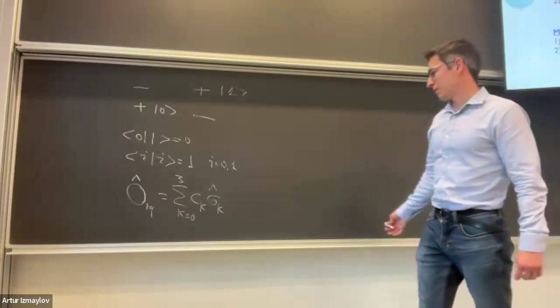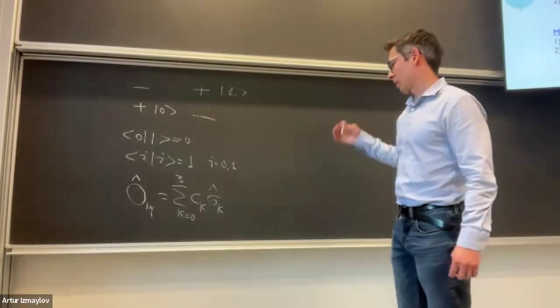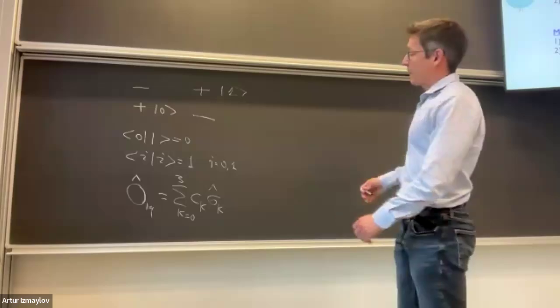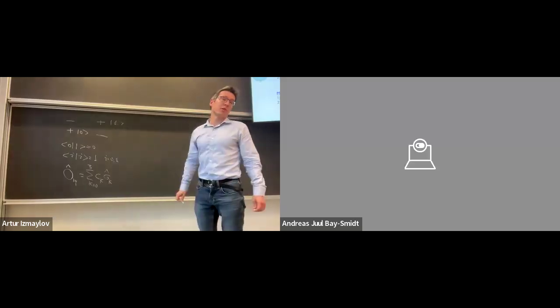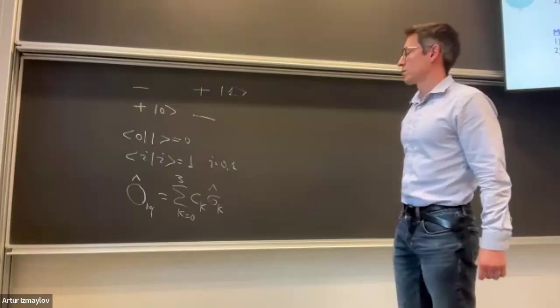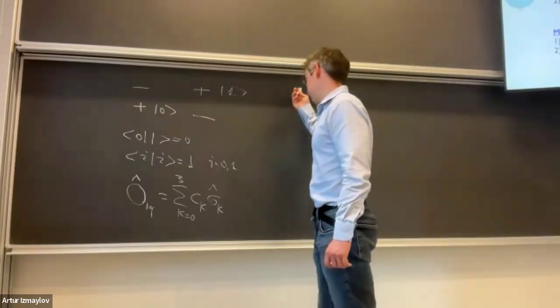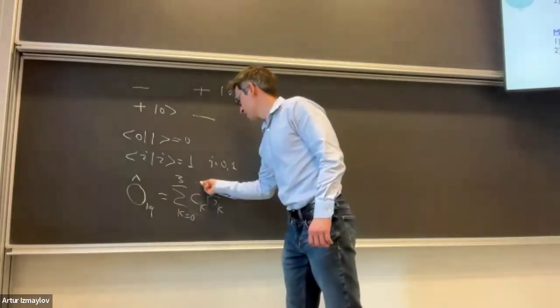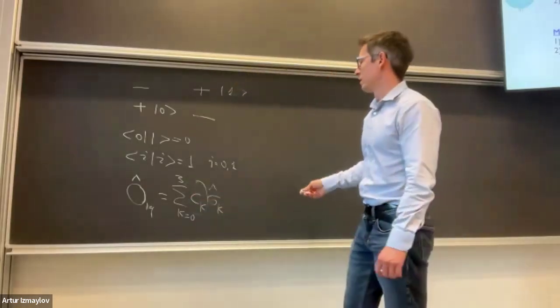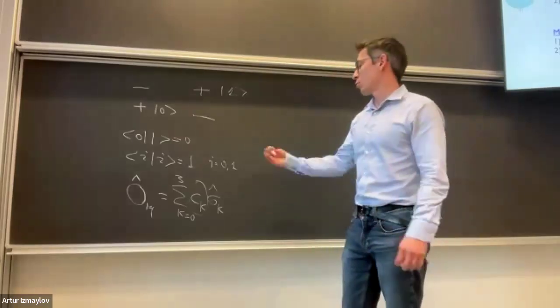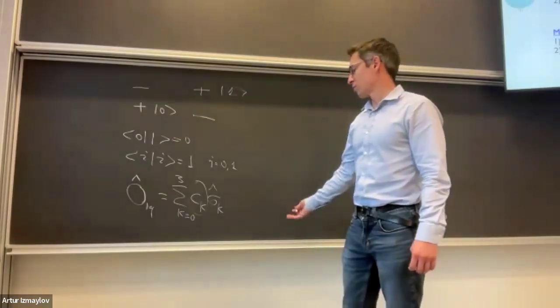The only thing I would like to add before we go to the multi-qubit case, which is more interesting of course, is one way to get these coefficients, in the one qubit case and also in the multiple qubit case.